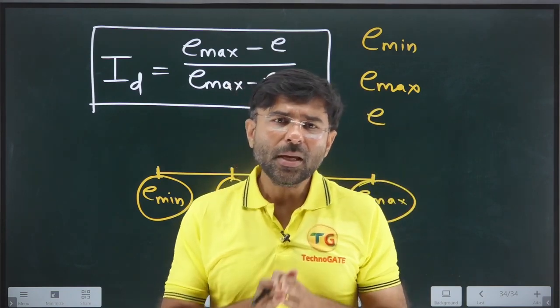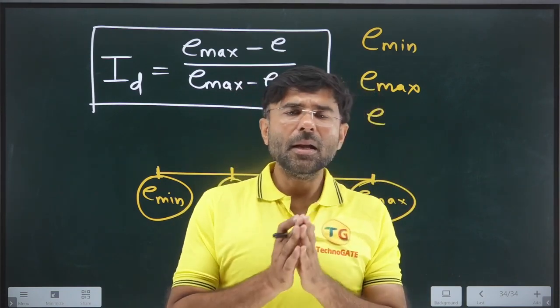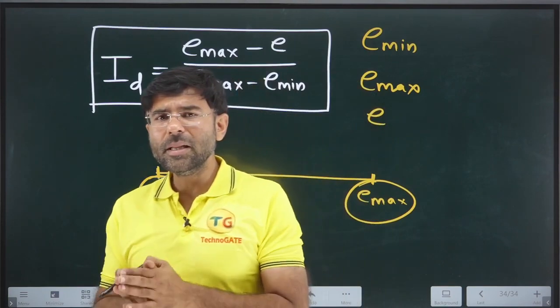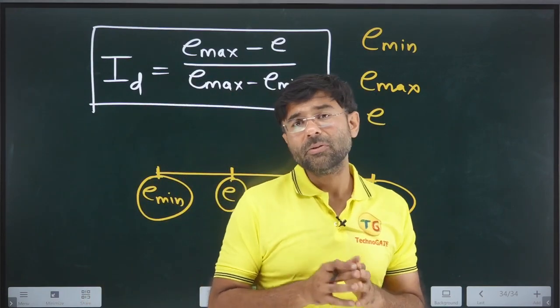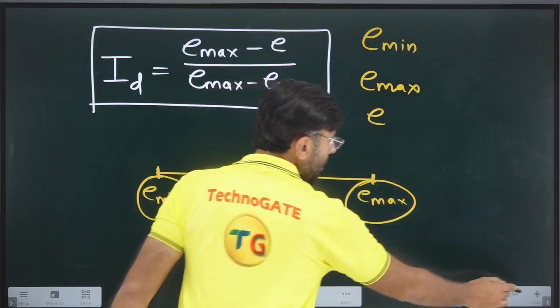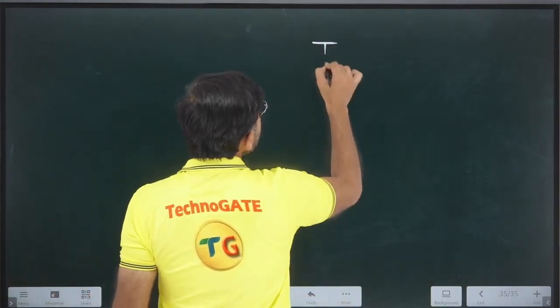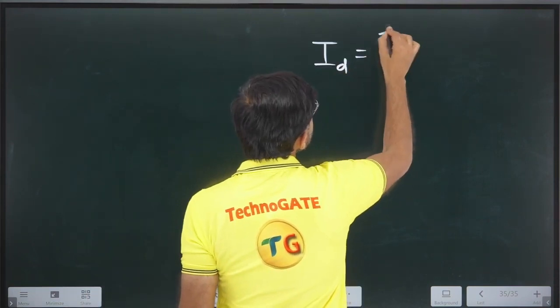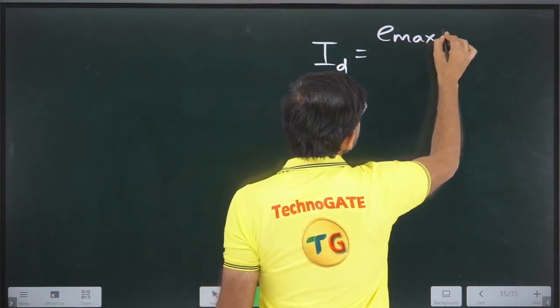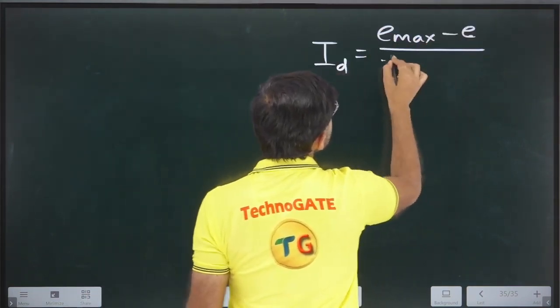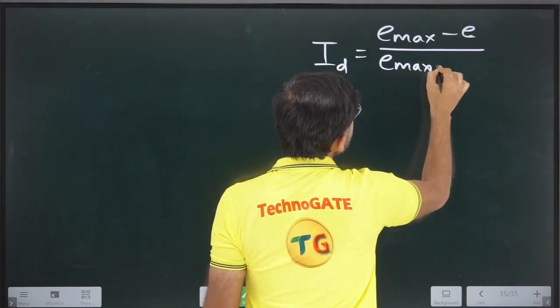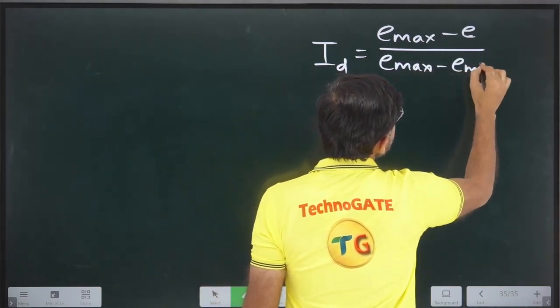Density index gives me the general identification of the denseness and looseness of the natural soil. How? Just see. I am having the formula ID is equal to E max minus E upon E max minus E minimum.